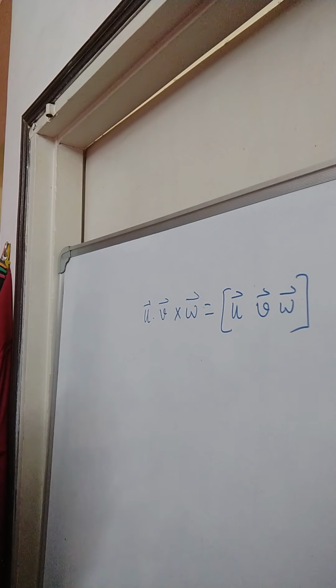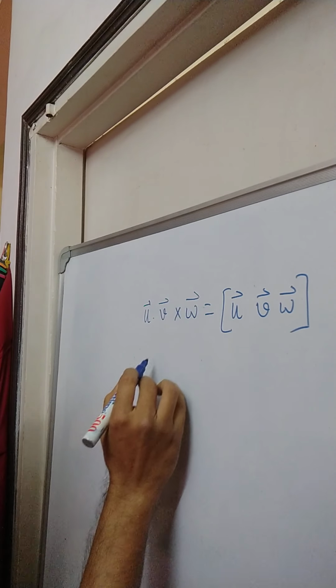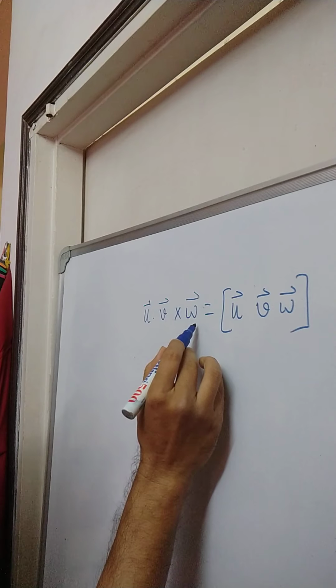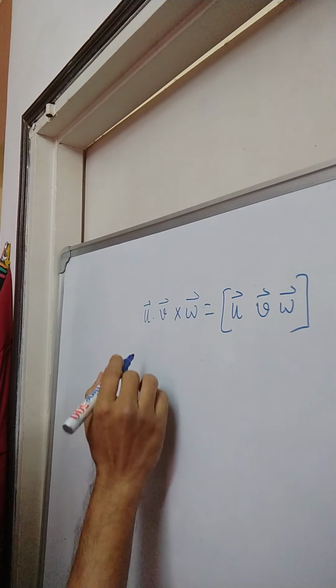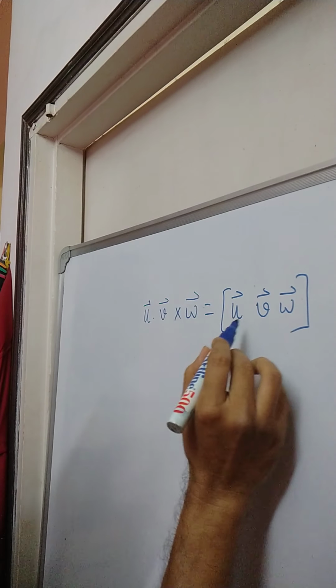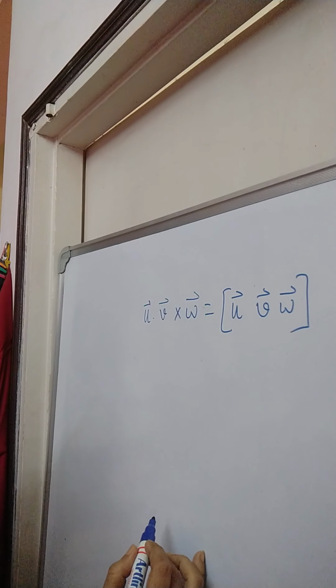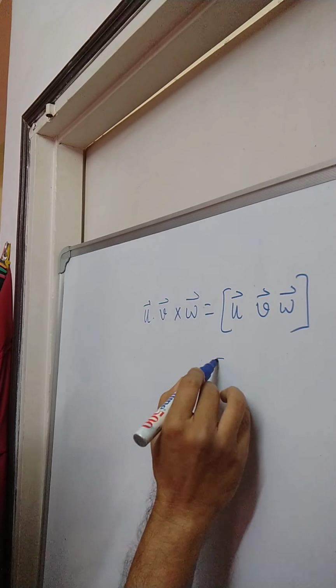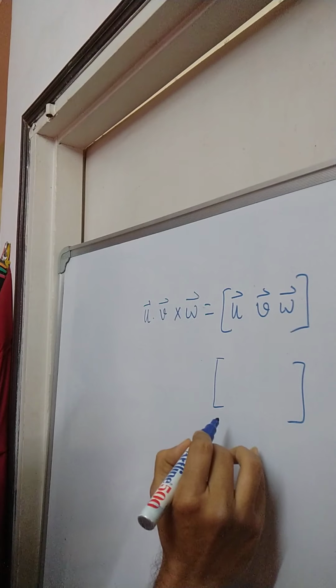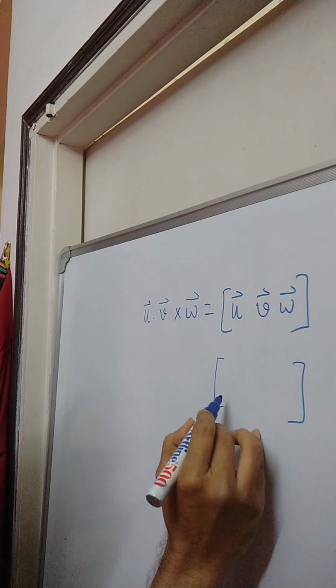Just see that if we keep this order intact and just shift like this, the order U V W is to be kept intact, but we can shift it. How can we shift it?